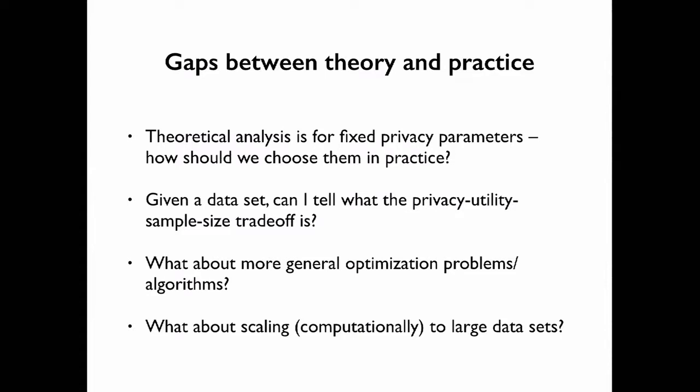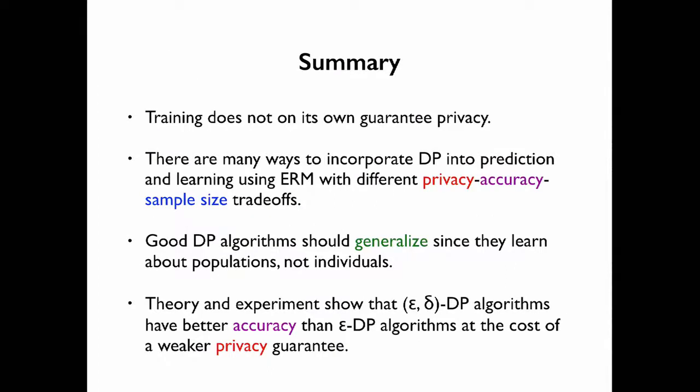And then after the break I'll talk about scaling things up to larger data sets. So at that point, I think we'll summarize this section. Just to summarize for ERM, training on its own isn't going to guarantee you privacy. There are many ways of incorporating differential privacy into learning, such as input and output and objective perturbation, but you have to figure out where you're going to put the noise.